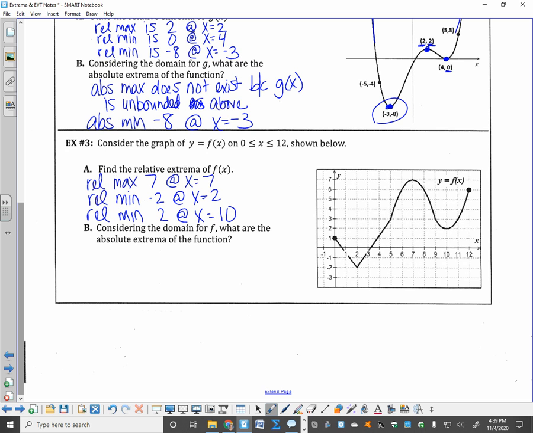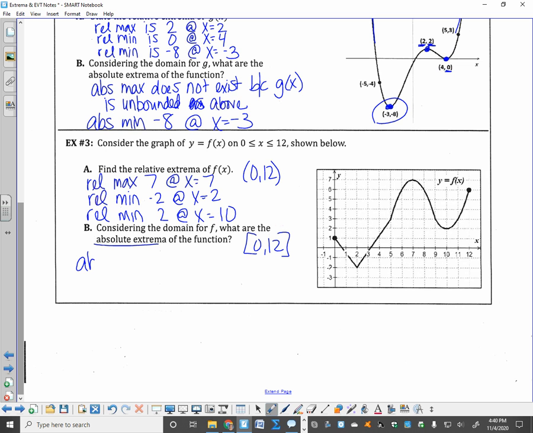Again, relative extrema do not occur at endpoints. Relative extrema are on the open interval, 0 to 12. Now, absolute extrema could happen at an endpoint. For this particular problem, it does not, but it could.